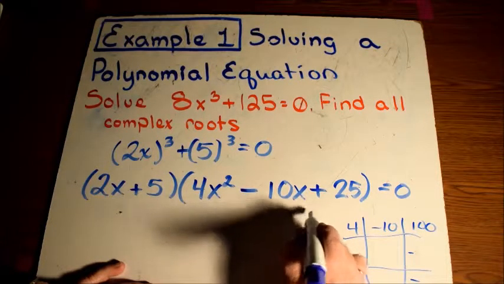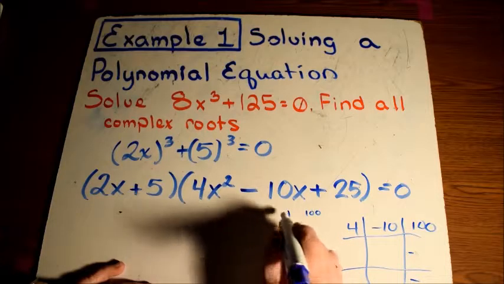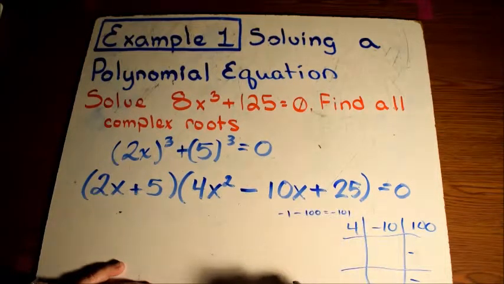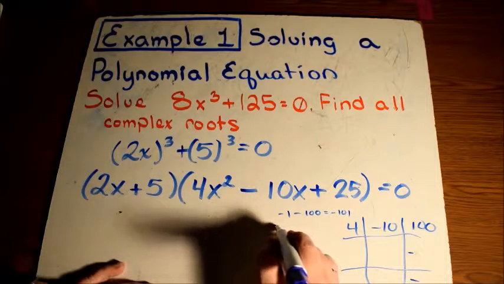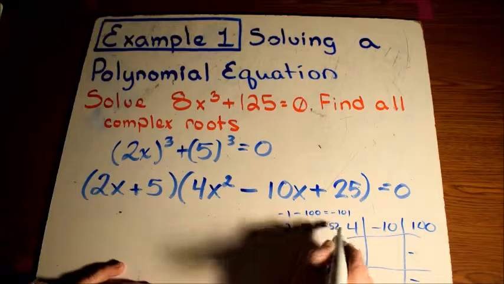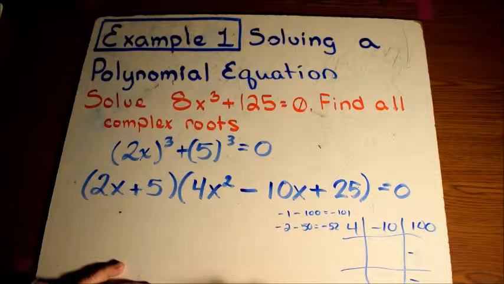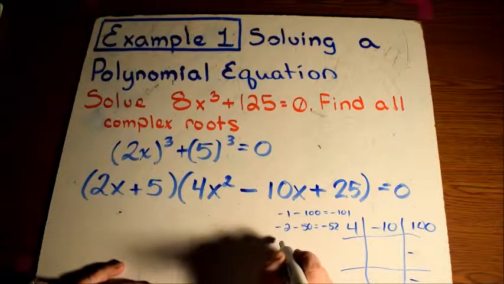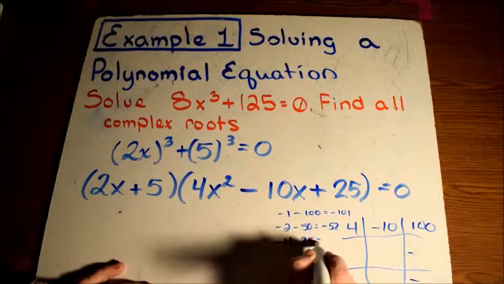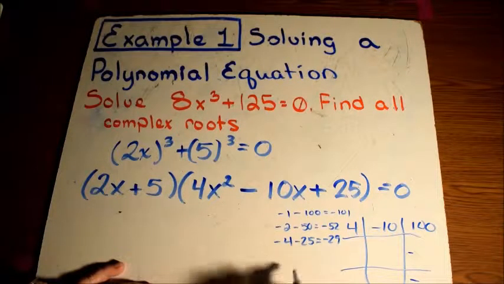Let's think, 1 and 100. If we add those together, we get -101. That doesn't work. -2 and -50, that'd get us -52. That doesn't work. 3 won't go in there. How about 4? -4 and -25, well, that's -29. We're getting closer, but we're still not to -10.